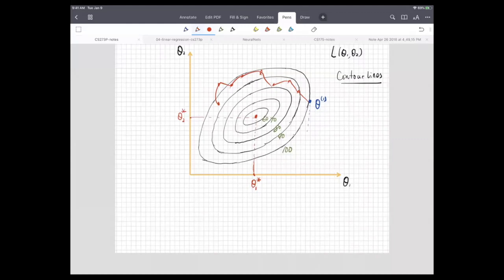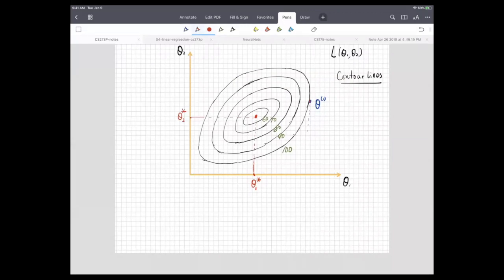So identifying the direction is important for implementing the algorithm. What the gradient descent methodology says is, in order to know the direction in which I should move theta, I first calculate the gradient of the loss function exactly at this point.